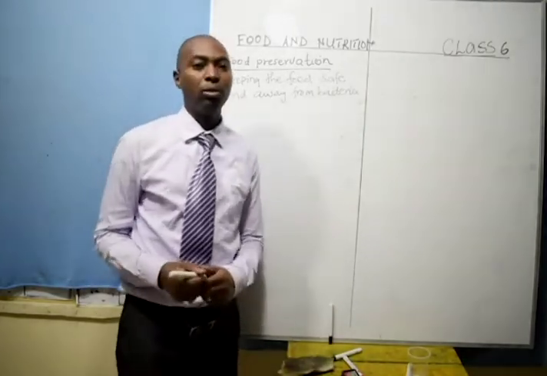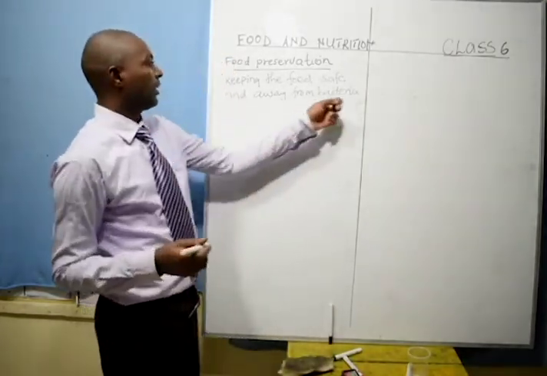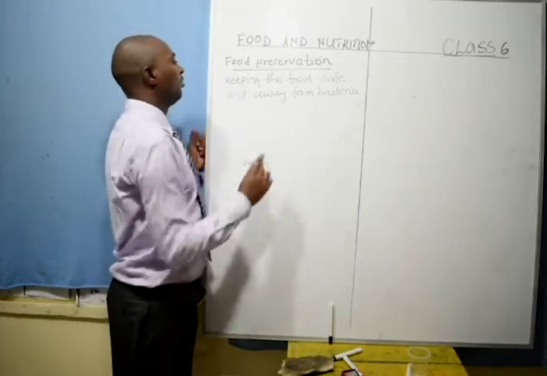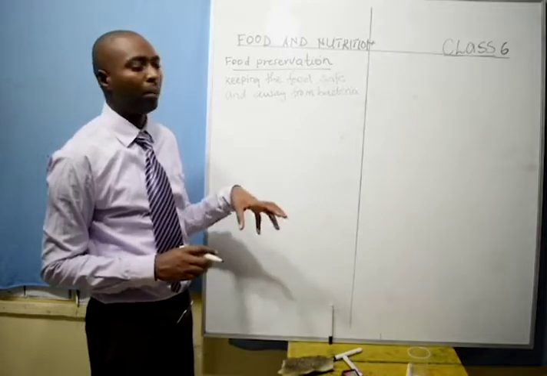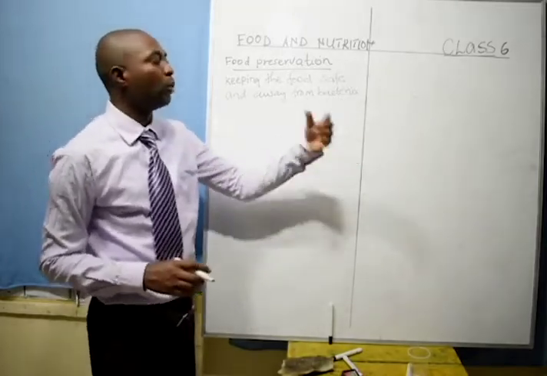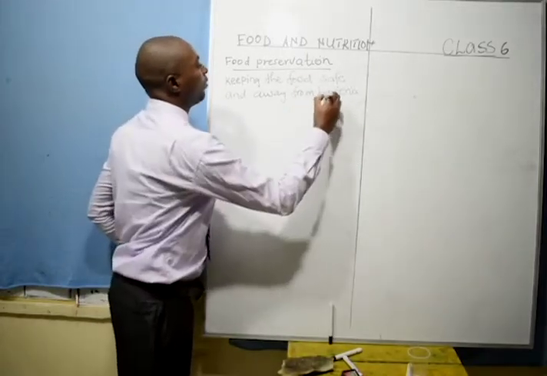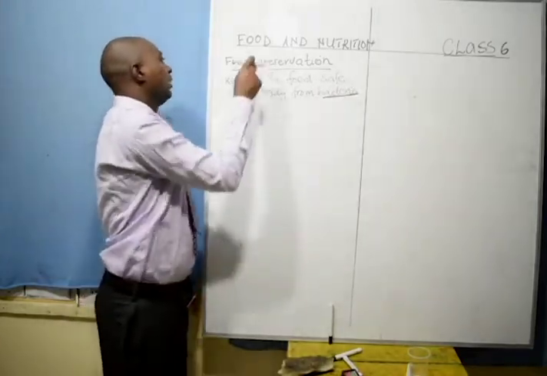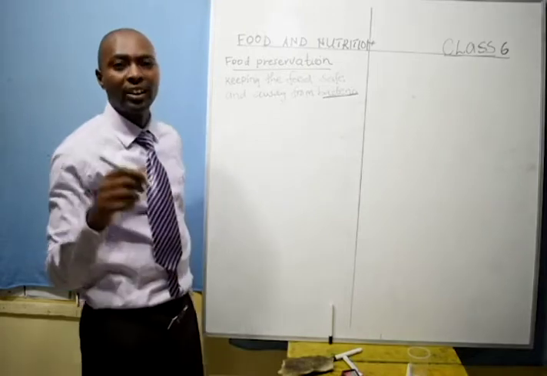Bacteria is in plural. So they are the ones that mainly cause food to decompose. And therefore, if you keep the food safely or you store food properly to avoid that food from going bad, you are preventing it from bacteria or fungal attack. You have preserved the food. We preserve the excess food.